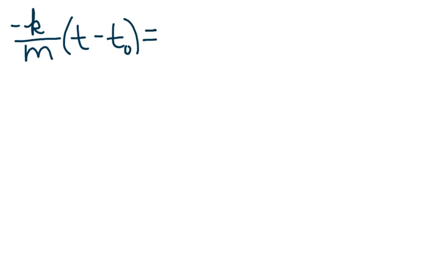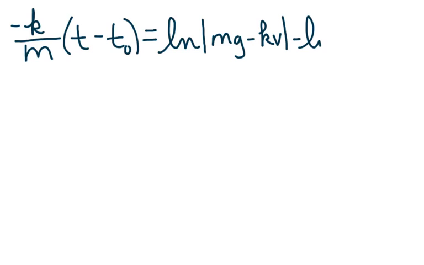So it's going to be a negative k over m times the quantity t minus t sub naught is equal to the natural log of mg minus kv minus the natural log of mg minus kv sub naught. There, that's a lot better.